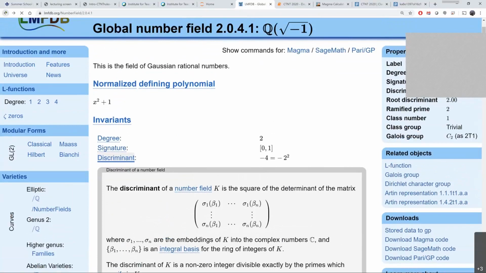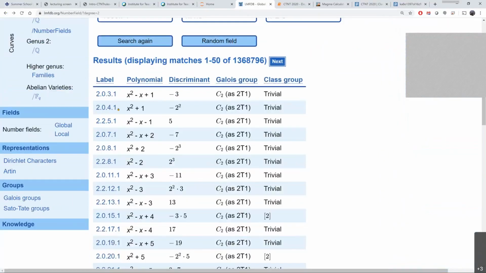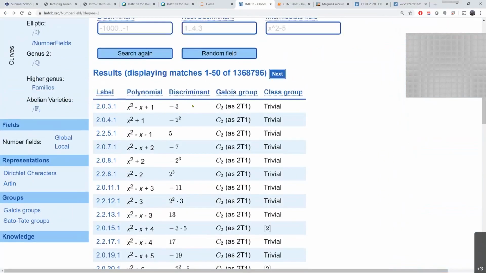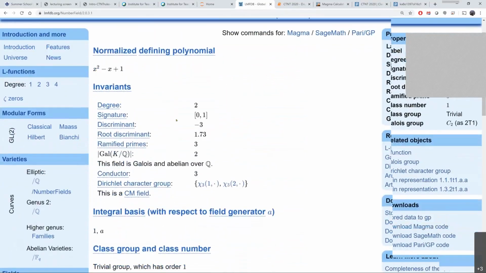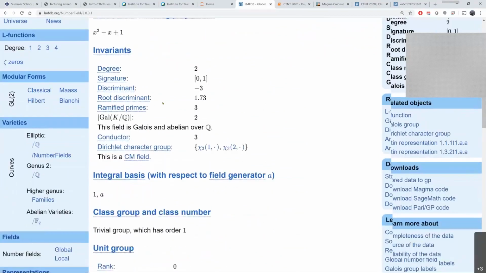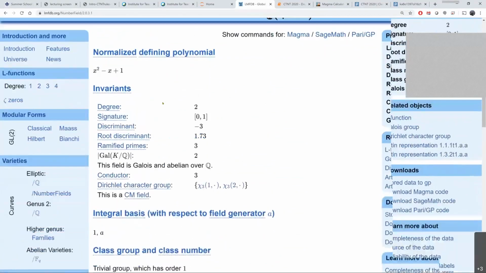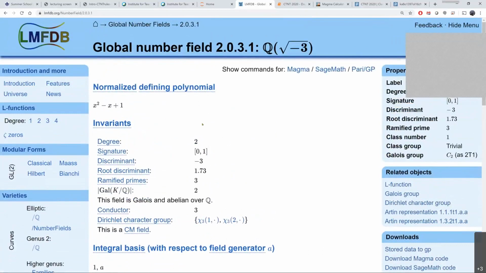If you look at number fields by discriminant, then you can see that the smallest possible discriminant in absolute value is -3, and it is given by this other number field, the extension defined by x² minus x plus 1. All right. So we can figure out what that one is.